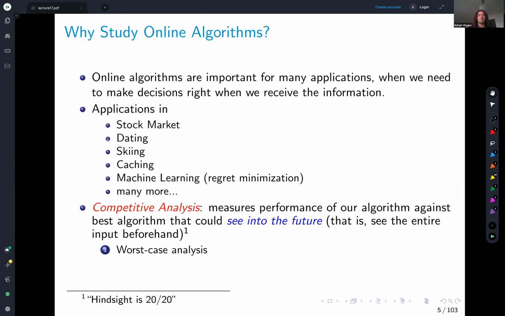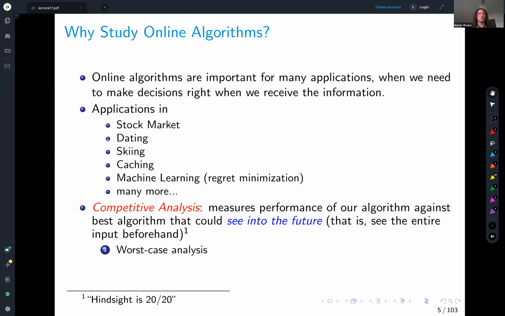And if that happens, you could say my worst case analysis for my algorithm is really terrible. But what you're forgetting is that in the online setting, the motivation is that you need to make decisions right when we receive the information. So if all algorithms are bad, you want to try to find the least bad, or at least close to the best algorithm, because you have to make a decision. So having this worst case analysis, as we were seeing before, doesn't really make a lot of sense here.